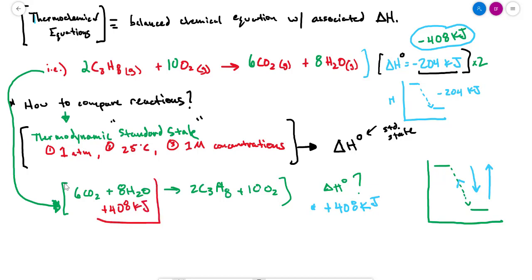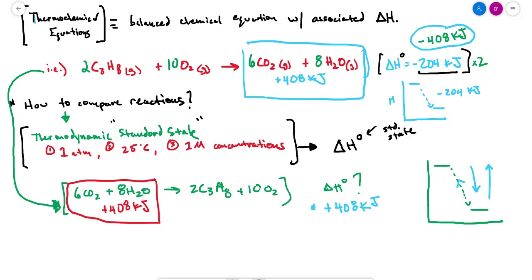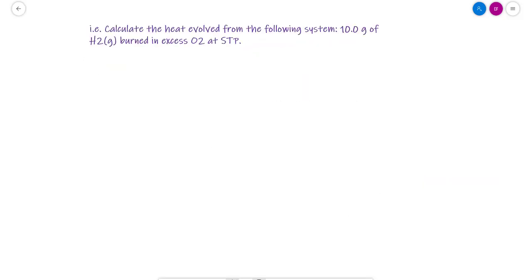All of these are going to be required to get this reaction to run, whereas in the top reaction we would have yielding 6 CO2 and H2O plus 408 kilojoules we would get from the system that would then go to the surroundings. So let's use what we've learned so far to apply that to an example.